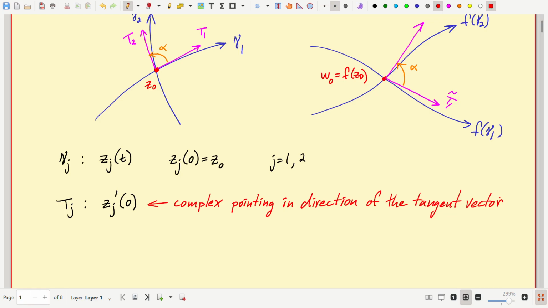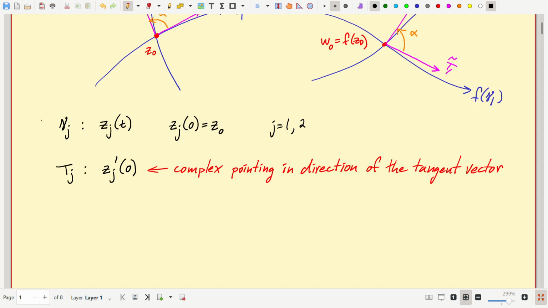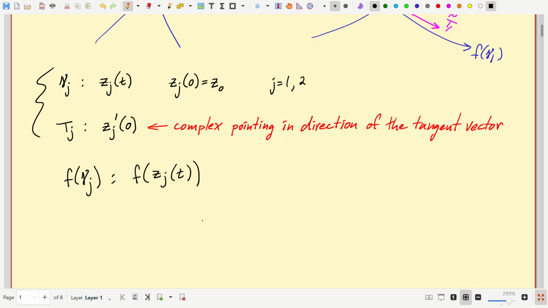Okay, so now let's think about where those go. So this is where they start. They're going to go to new curves, f of gamma j, and conveniently those will be parametrized by f of zj of t. And let's think about the tangent vector.